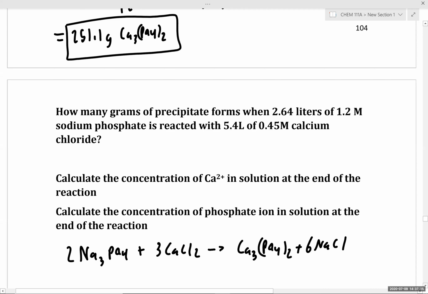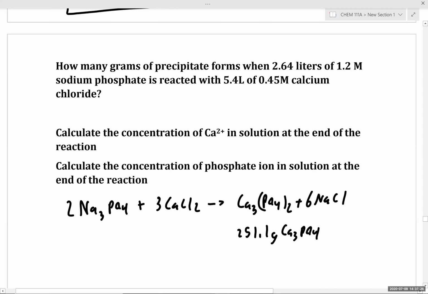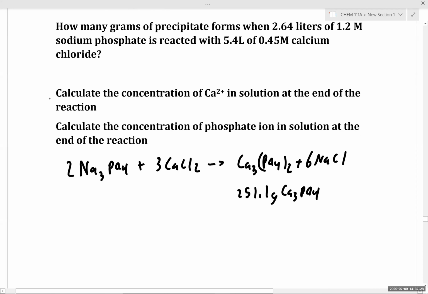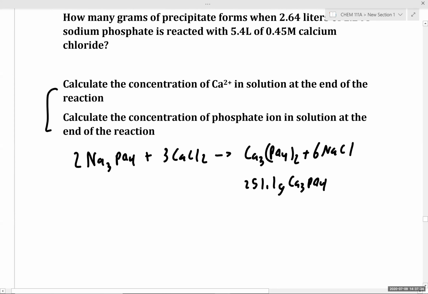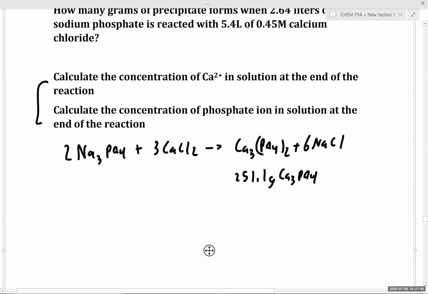And let's write out that we obtained 251.1 grams of calcium phosphate. Okay, and now to continue on this problem, we're asked to calculate the concentration of calcium 2+ in solution at the end of the reaction.